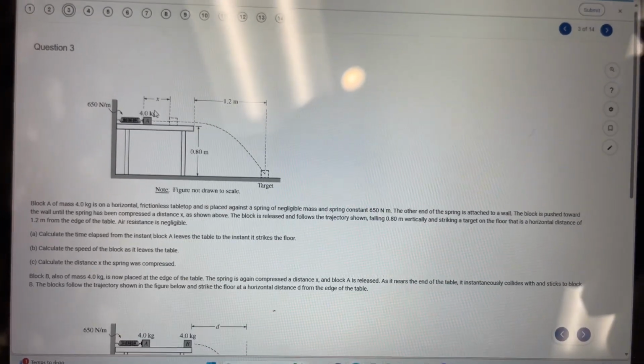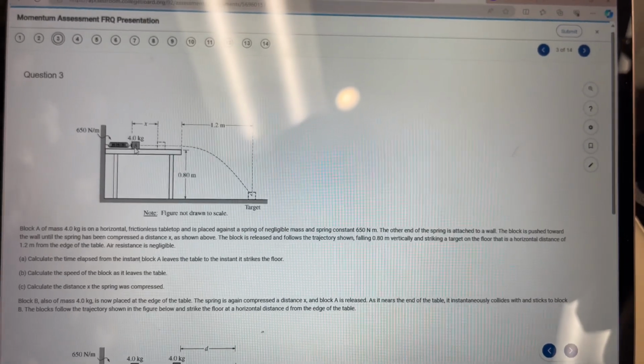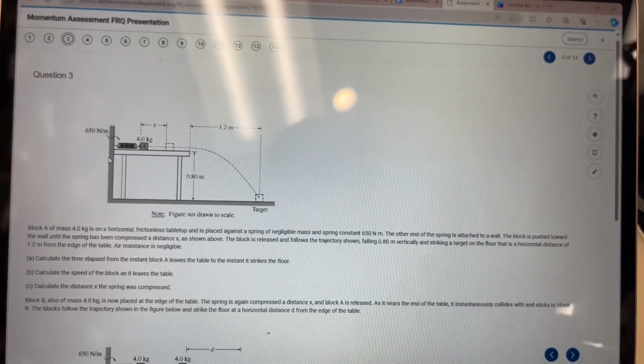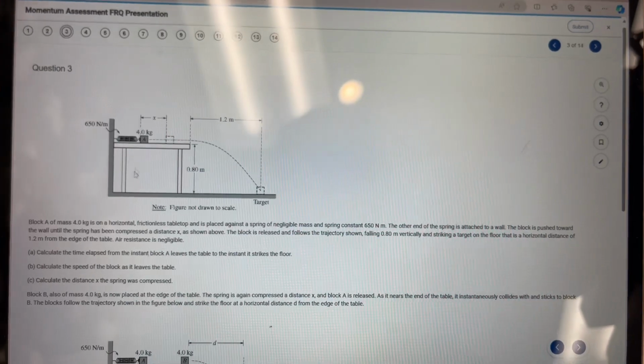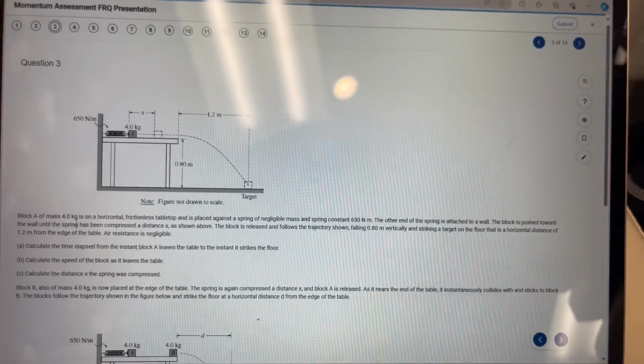So now we are trying to find this distance x the spring was compressed, and we will now be using the given 650, the spring constant, in our equation.